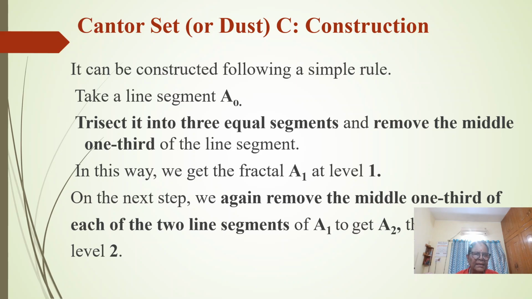So let us take a line segment A0. Let us trisect it into 3 equal segments and remove the middle 1/3 of the line segment. In this way, we have the fractal A1 at level 1. On the next step, we again remove the middle 1/3 of each of the 2 remaining line segments of A1 to get the fractal A2 at level 2.